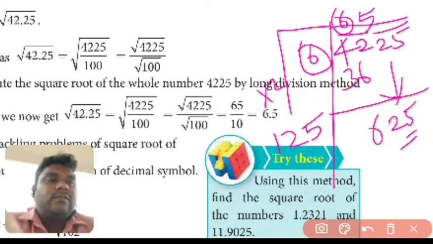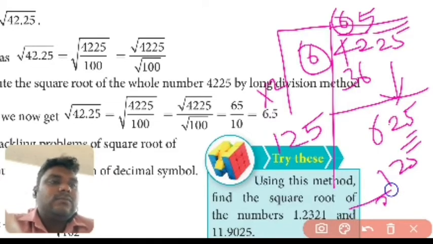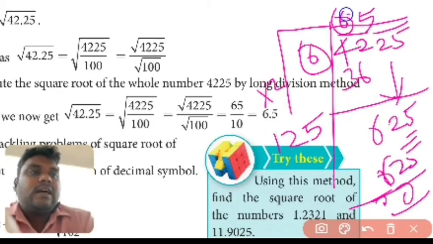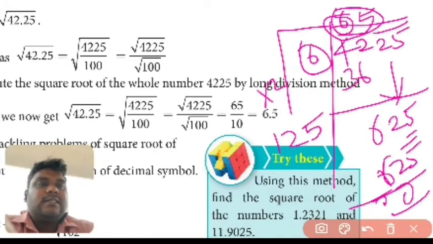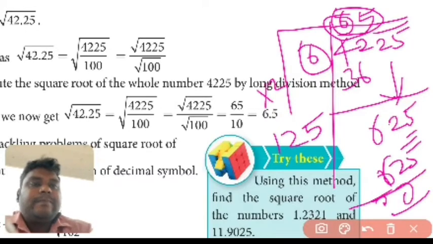5 5s are 25, balance 2. 5 2s are 10, 10 plus 2 is 12. 5 1s are 5, 5 plus 1 is 6. So the remainder is 0. Therefore the square root of 4225 is 65.